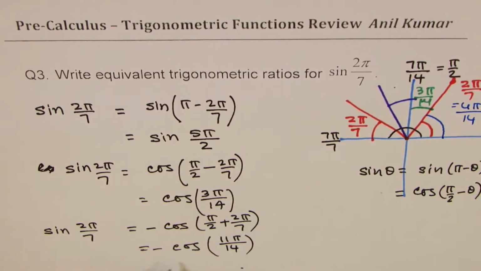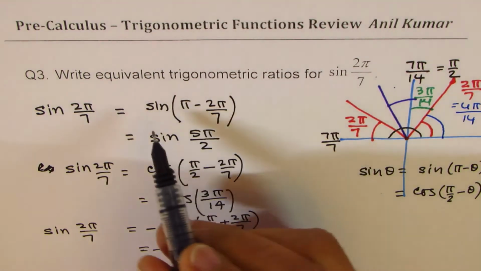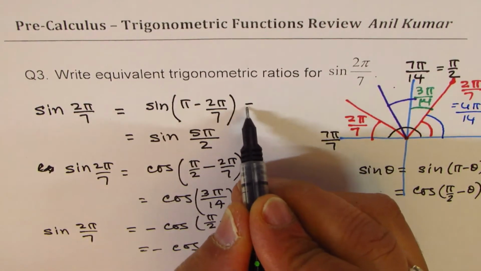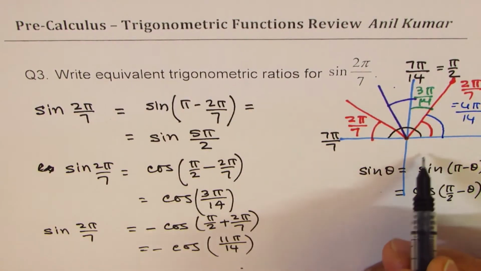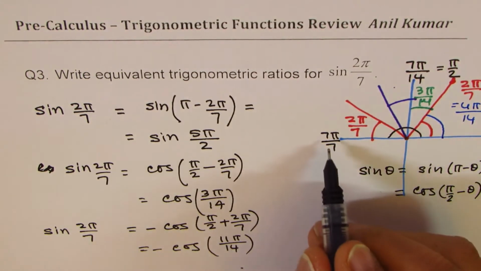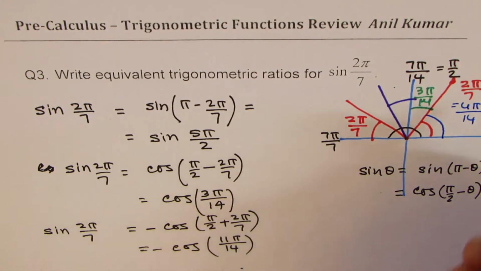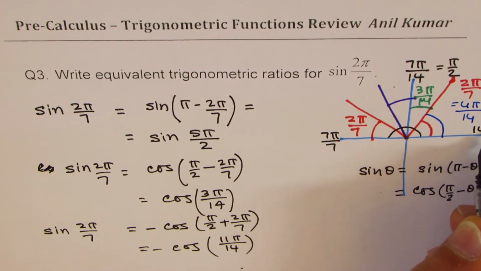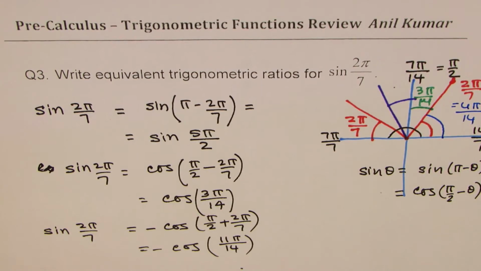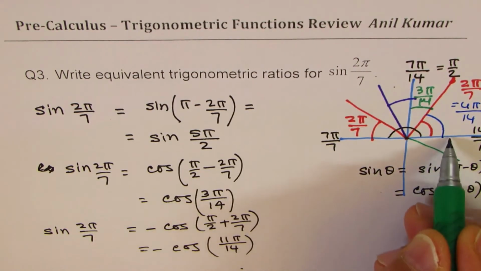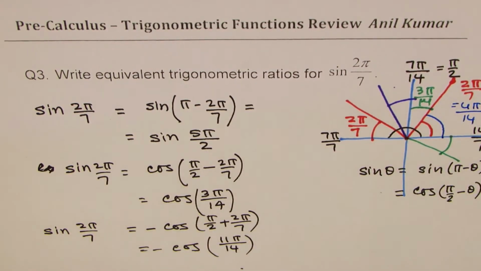Do you see that? So that way you could write many equivalent ratios. Does that make sense to you? You could write many equivalent ratios with this. You could even write this as equal to negative. We could go like this also, right? Because this is 7 pi by 7, so in all we have 14 pi by 7, correct? So if I do sine in this place, negative value, right? 4 less.